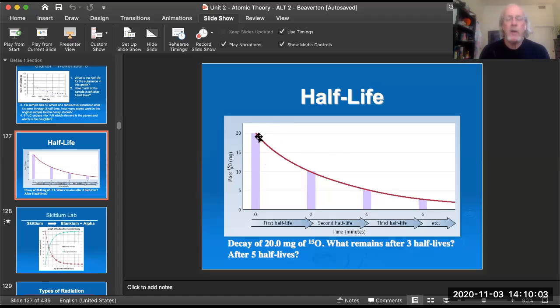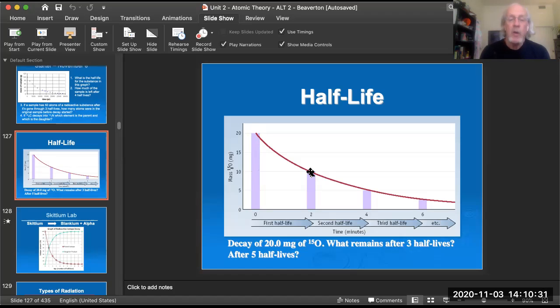So if we started with 20 milligrams of that, after one half-life, there would only be 10 milligrams, half of 20, okay? Now, some people think, okay, half-life means we lose 10 and then we lose 10 and we're at 0. No, what we do is we lose half. So half of 20 is 10. Now we have 10 after one half-life.